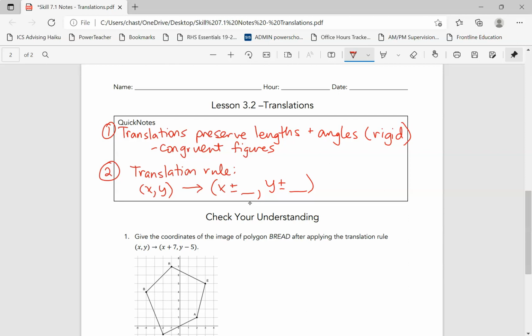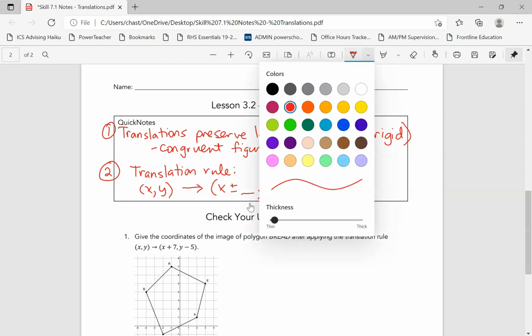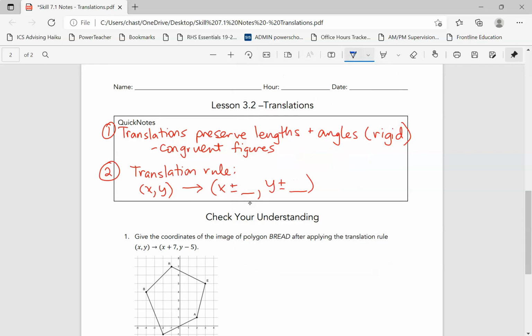Okay? And so just to kind of remind you what those pieces mean, remember this is the original point. This means becomes. This is your horizontal movement.